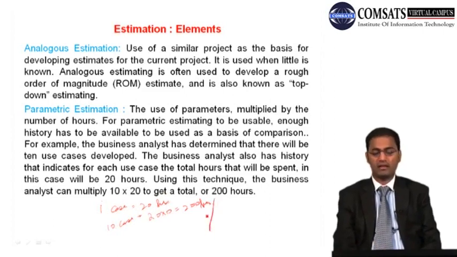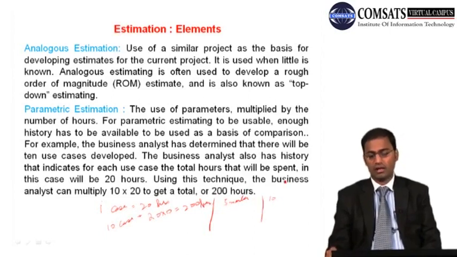Similarly, if we are constructing a 5 marla house, or a 10 marla house, we can say, okay, the per square foot cost will be something like 1,500 rupees per SFT, or 2,000 rupees per SFT.